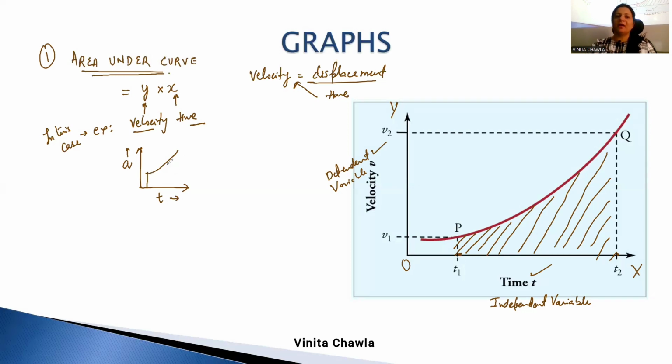So when we find the area under the curve for an a-t graph, where a is the acceleration and t is the time, then which quantity do we get? By finding the area under the acceleration-time graph, what quantity do we get by multiplying acceleration and time? See, think carefully and tell me.